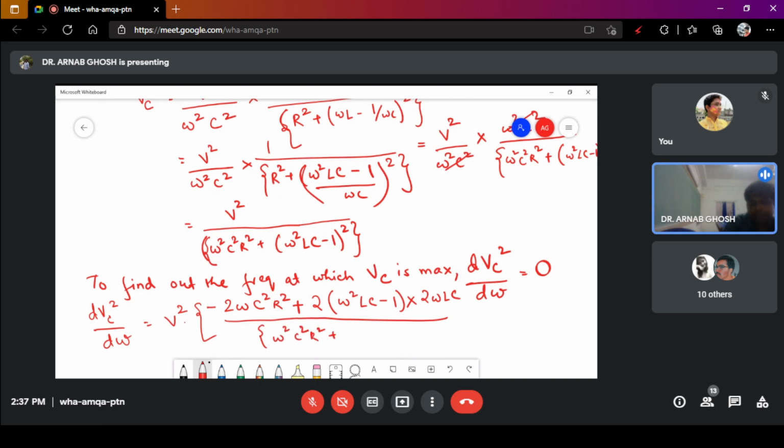If anybody is having any doubt, please let me know. This derivation is important. So you can equate this to 0. I am going slow with this derivation, that is why.